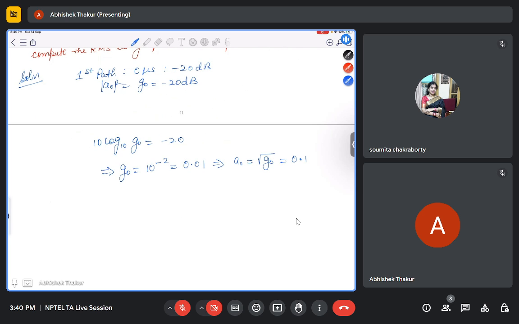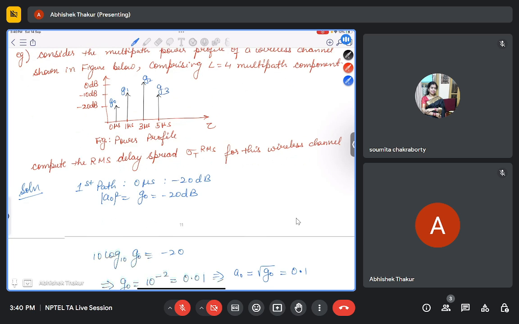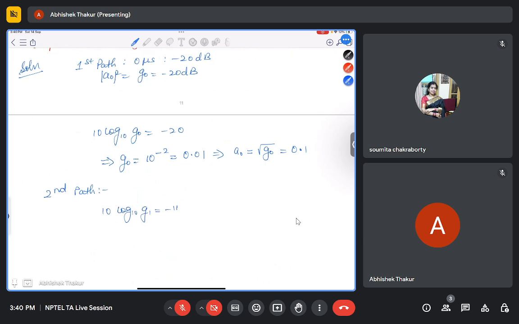Okay. Now for the second path we will find 10 log 10 G1. G1 is given as, this is G0, G1, G2 and G3, so G1 is given as minus 10 dB.